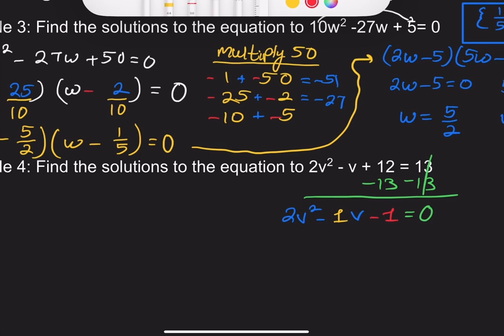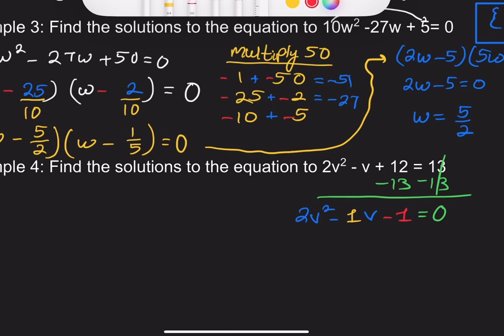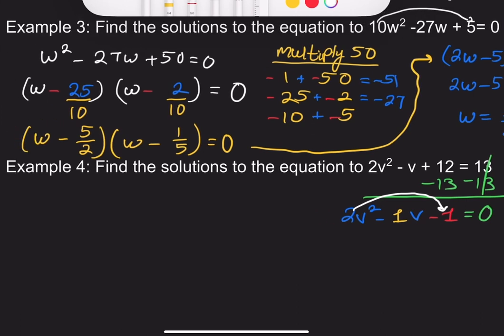Now, once again, we can use our AC method by multiplying the A term of 2 with the C term of negative 1. So when we do that, we're going to go over to the left side. That's going to be v squared minus 1v, 2 times negative 1, that's negative 2, equals 0.